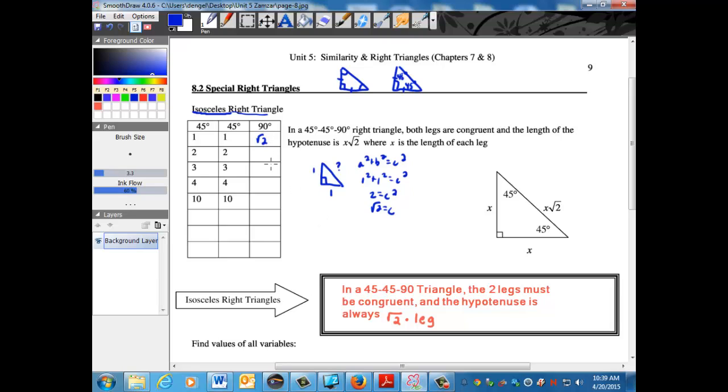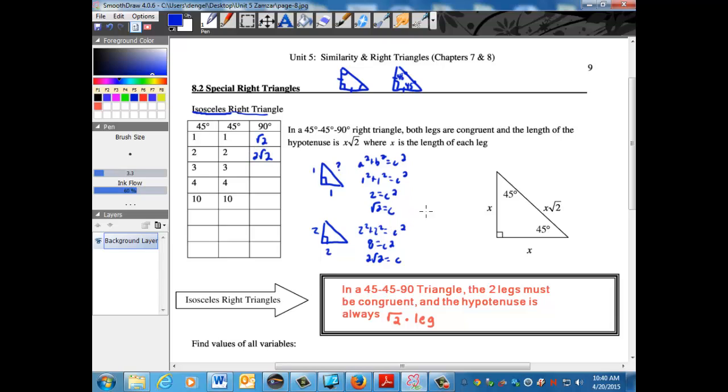When I repeat that process for all of these triangles, we're going to see a pattern forming. Let's do the same thing on a 2 by 2. Again, we get 2 squared plus 2 squared equals c squared. 8 equals c squared, so 2 rad 2 is equal to c.